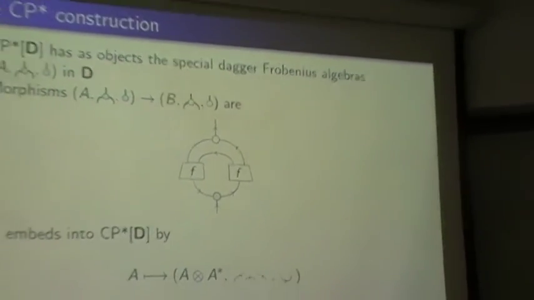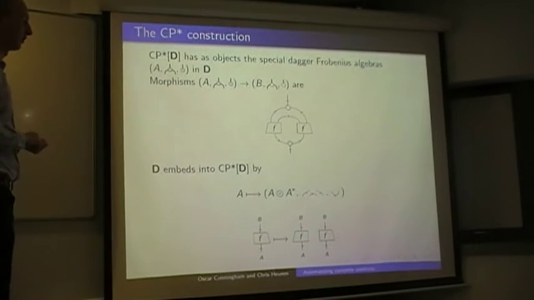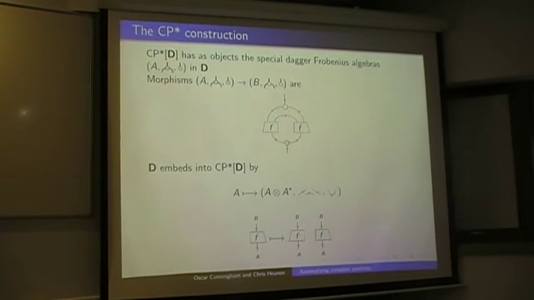So in the case of Hilbert spaces, these are the C star algebras corresponding to the quantum systems, and the rest of them correspond to classical systems and things which are mixed between quantum and classical.